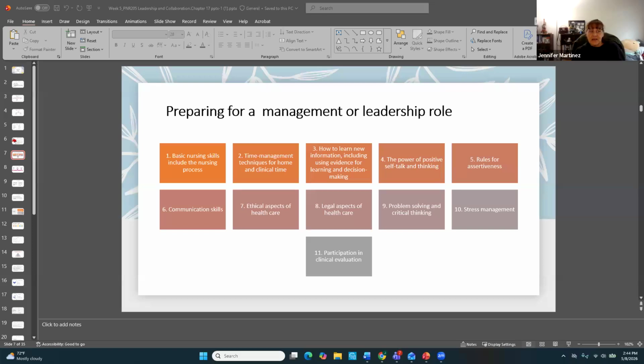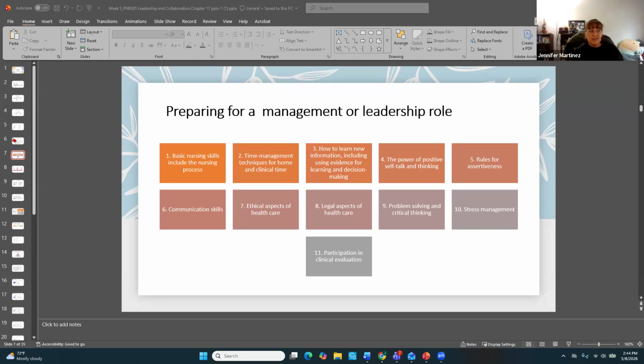Stress management is another one. And as a future leader, when we look at stress management, it's not only just dealing with your stress. It's dealing with the stress on the unit, it's dealing with your employees and your coworkers and their stress as well.